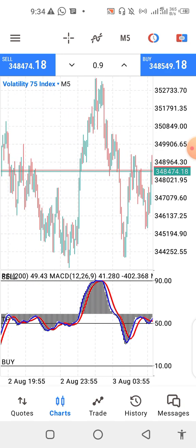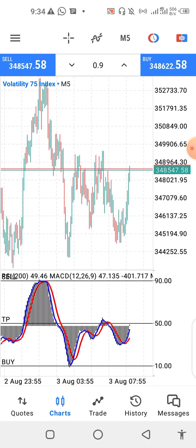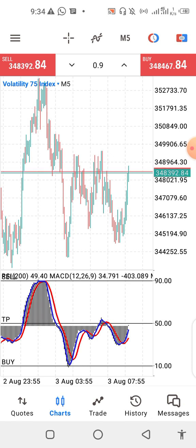I hope you can see what's happening here. This is the reason why we sold on the 4-hour time frame, but we were in loss. As you can see on your 5 minute time frame, there's a crossover, meaning the market is about to buy. There has been a crossover, but you don't buy here.